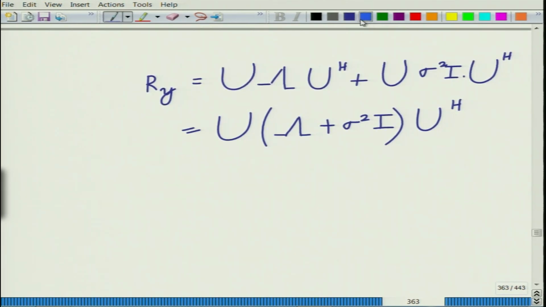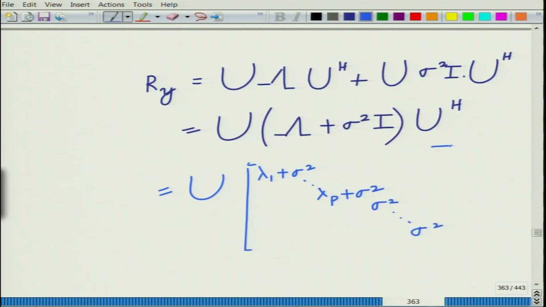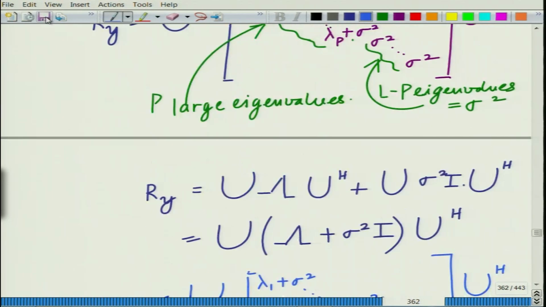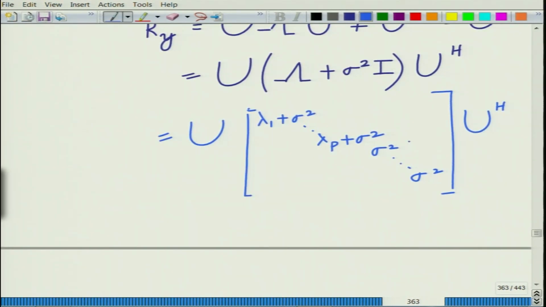This matrix lambda plus sigma square times identity is essentially lambda 1 plus sigma square until lambda p plus sigma square, and the rest, L minus p identity entries, will be sigma square. Okay.